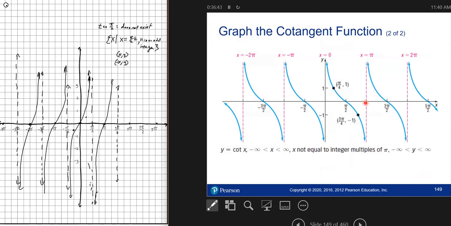So wherever tangent was 0, cotangent doesn't exist because you're dividing by 0, which is undefined. So where we have vertical asymptotes for the cotangent, that's the x-intercepts for the tangent.